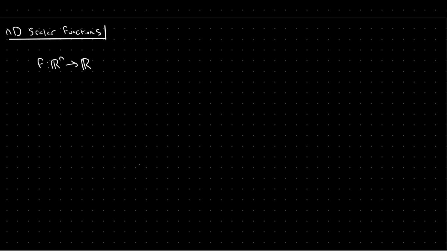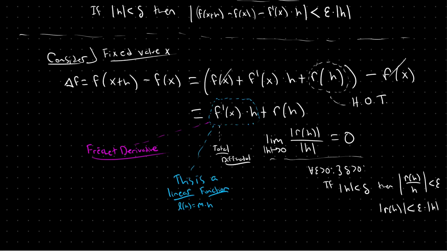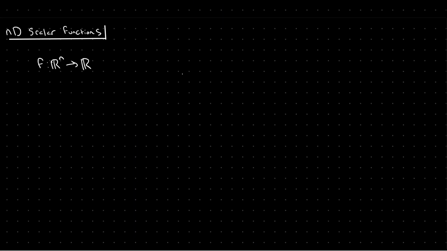Hopefully you'll recall from your multivariable calculus course that the Taylor series idea developed before for the increment is typically a starting point for defining the differentiability of a multivariable function. Specifically, we say that the Frechet derivative of a multivariable function is a linear function that approximates the increment for small enough values of h.